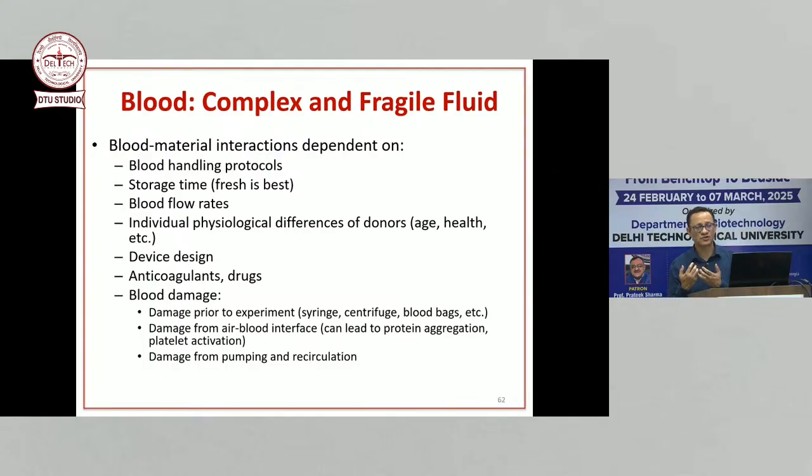NIH is very careful now about male or female; you need to really justify, and if there is no proper justification, you should have an equal number of male and female donors.